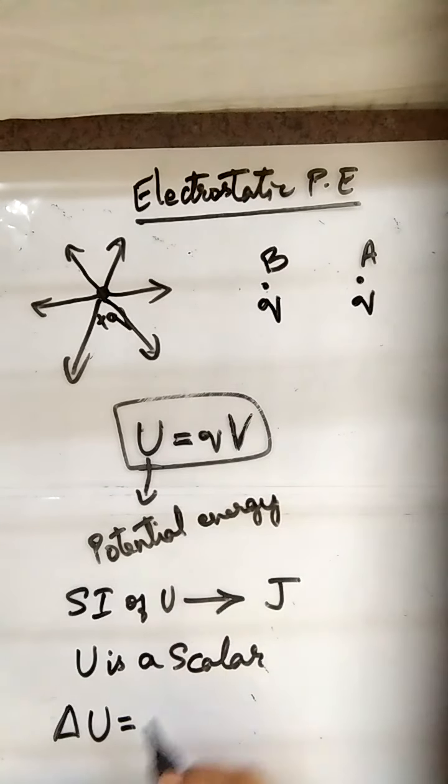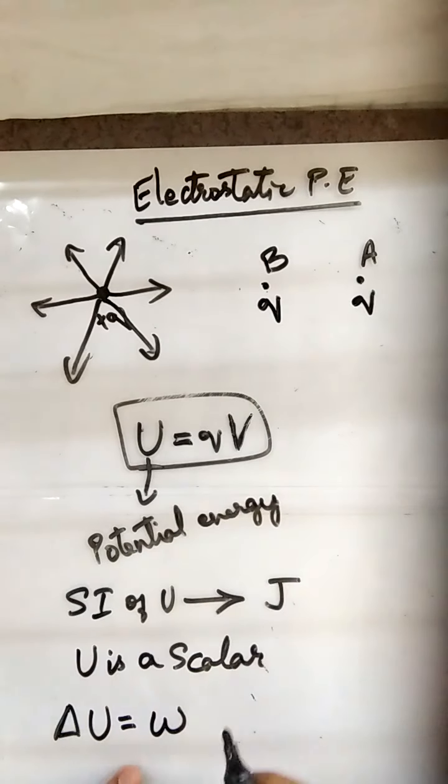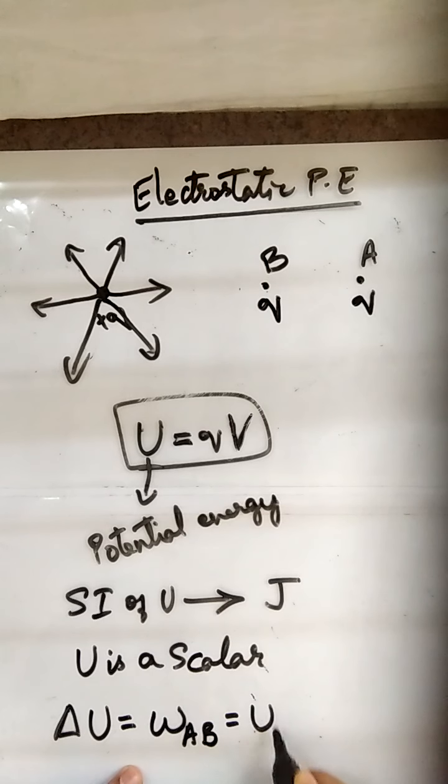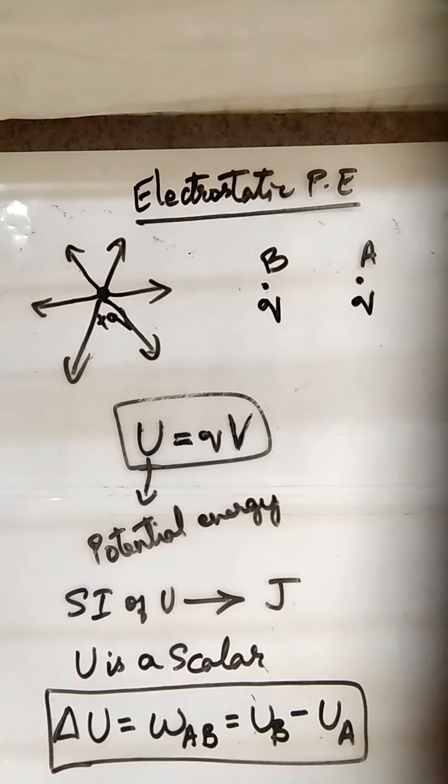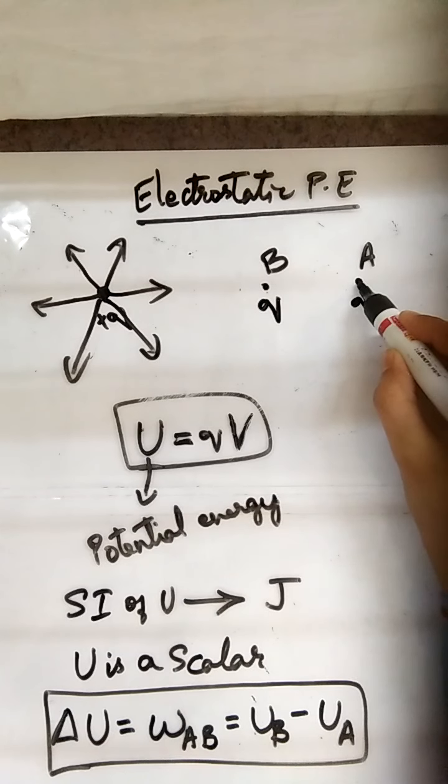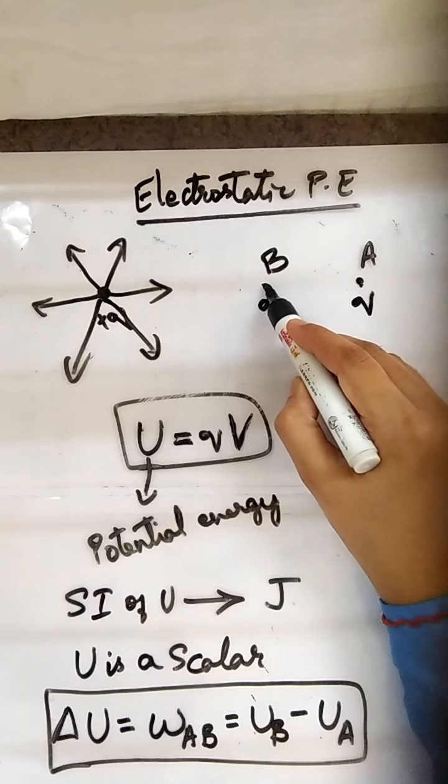Alright, so then what will be delta U? Delta U will be the work done by you in bringing a charge from A to B, that is written as WAB, which is equal to UB minus UA. In other words, you do some work in bringing Q from infinity to A, and then from A to B you do it.